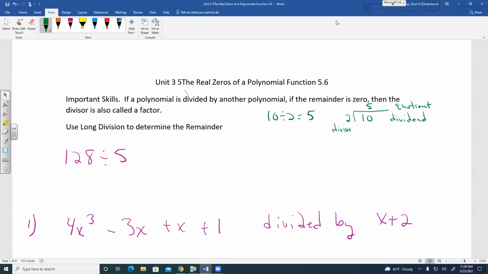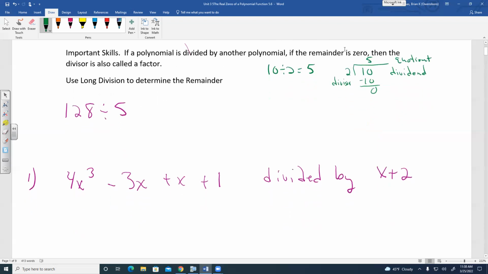That'd be 5. 5 times 2 is 10. When I subtract, notice how my remainder is actually a 0. So that 2 is also called a factor in this situation. So is the 5 for that matter, since you can reverse it. So remember, that's how we found factor pairs using big T. Finding factors was using division.